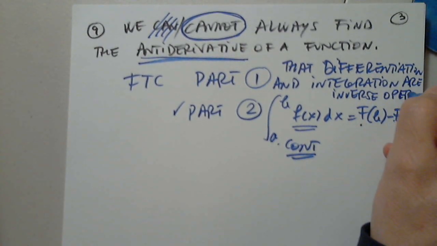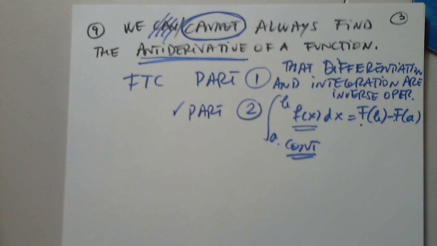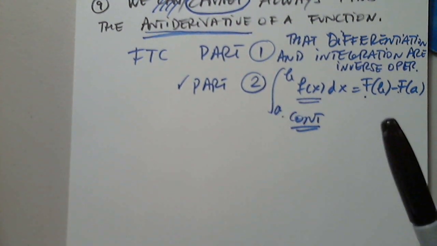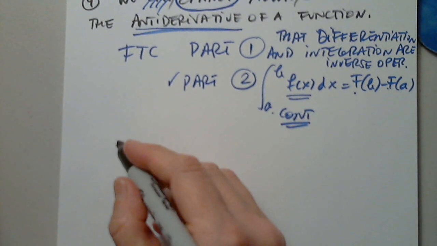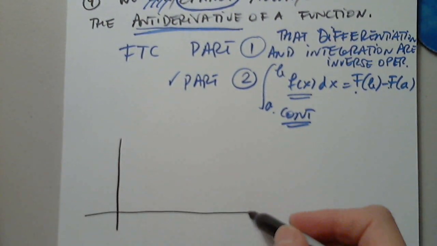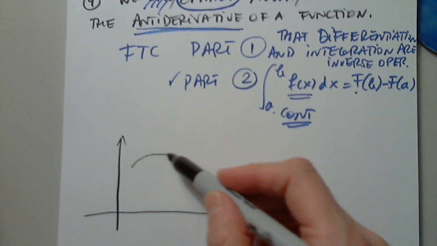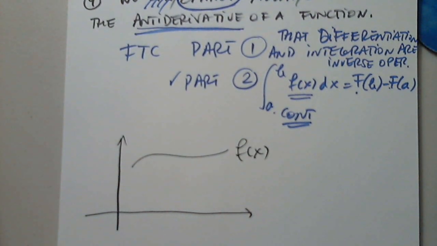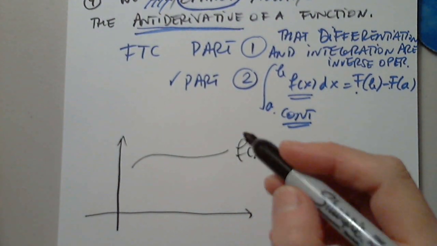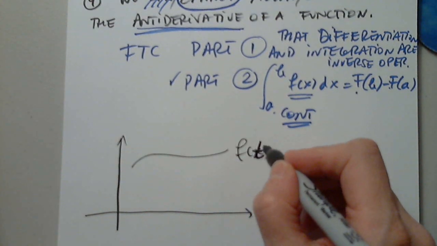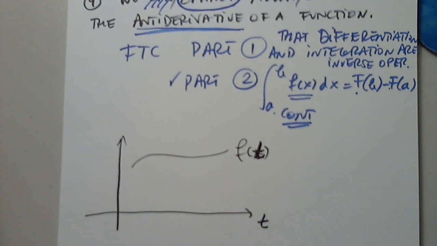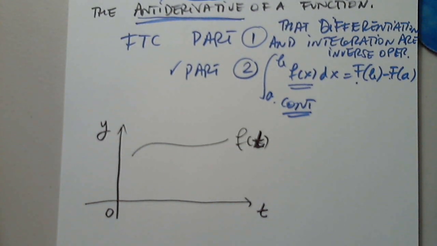So how do we illustrate this? Let's take a look at a continuous function, and I'm going to call it f of t. So this is t, this is y, and this is the origin. Okay, I do have our special interval.